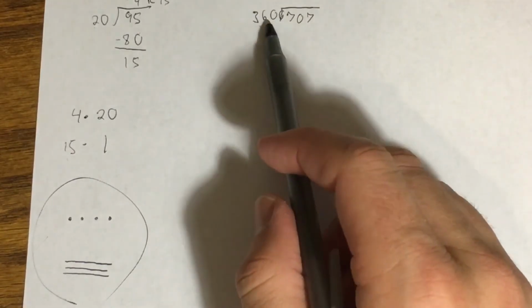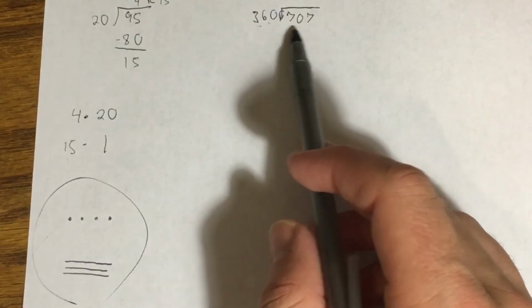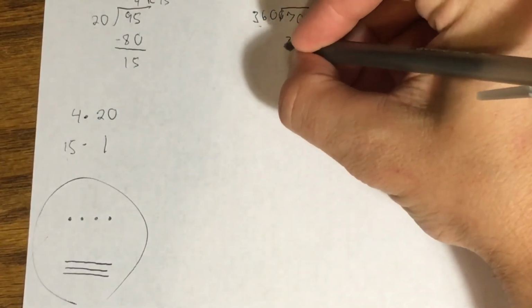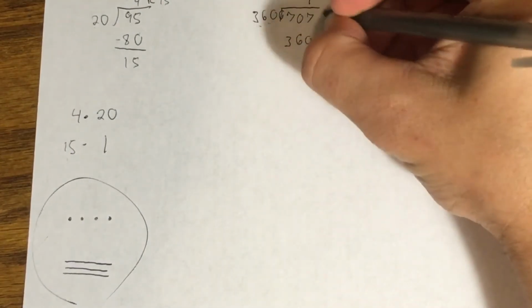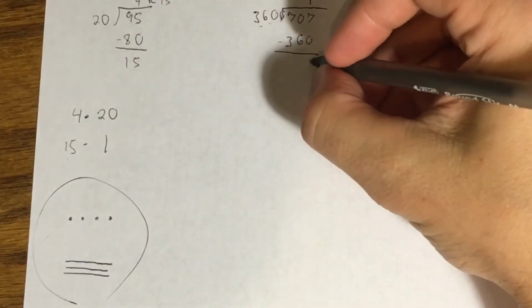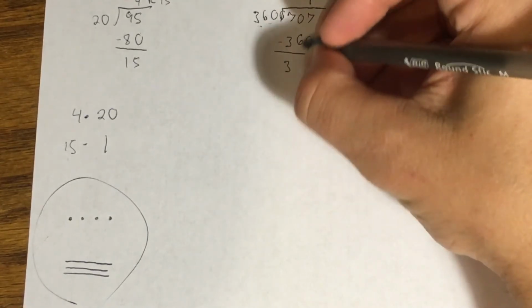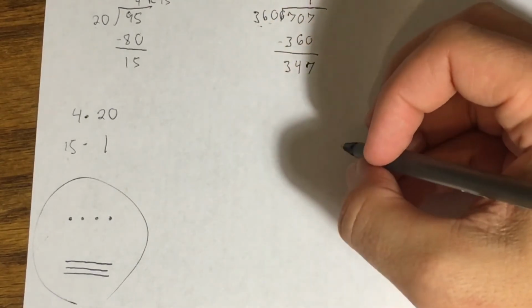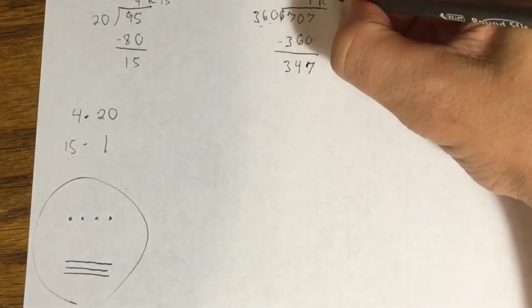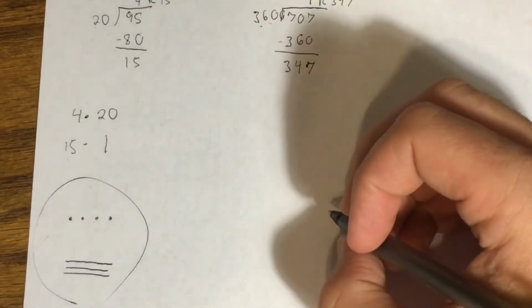Okay, I know that 360 times 2 is 720, which is just too big. So this is going to go in once, and I'll subtract. This should give me a remainder. So this is going to be 347. Okay, that's my remainder, 347.